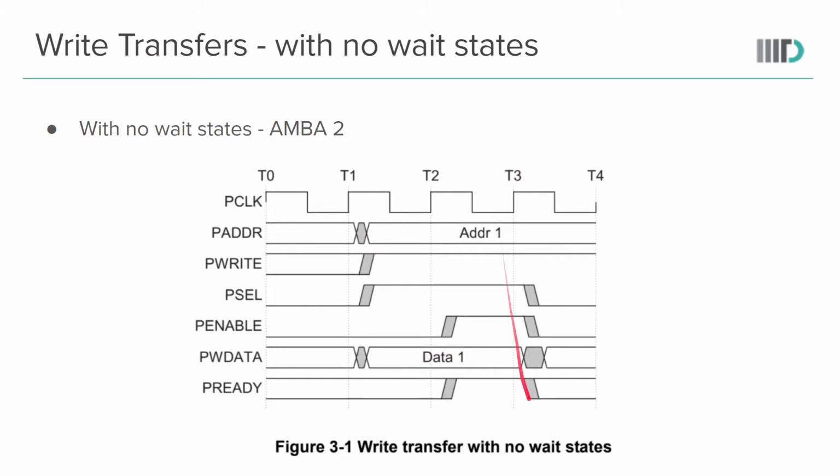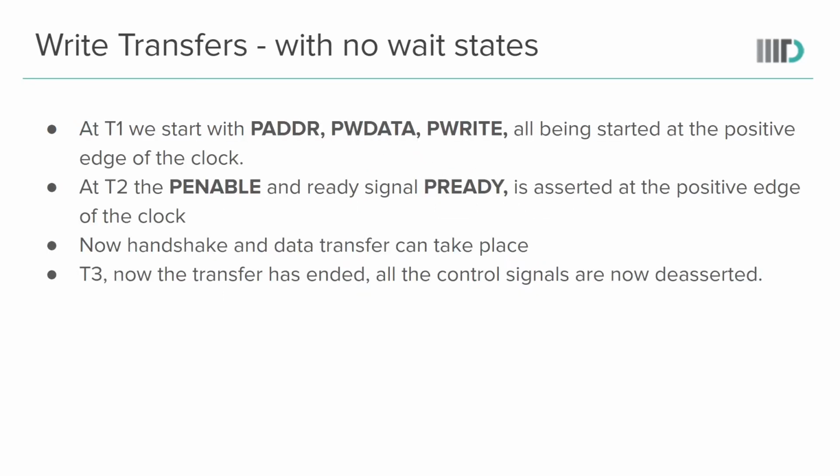And at the end of T3, we can see that the data have been deasserted because the transfer has been completed and data has been written. As we know before, this is not a pipelined protocol, and the data must be valid for at least 2 clock cycles. This type of transaction will be successful. So that's just the same thing that was just summarized here.